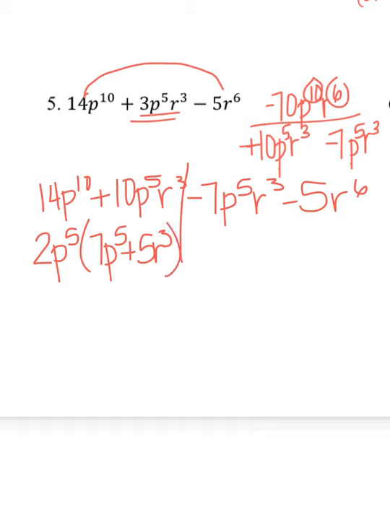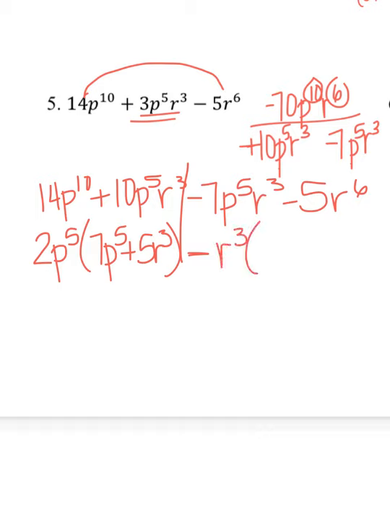Now remember, whatever you get in the parentheses, you should get on the right side as well. So over on the right side, you would take out a negative 1. You don't have to write the 1, you can if you want. P to the 5th and no p, so you can't take a p out. R to the 3rd and r to the 6th, you would take out the r to the 3rd.